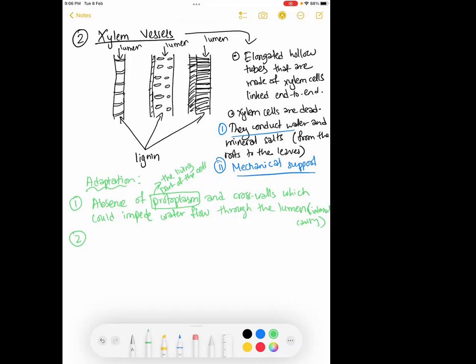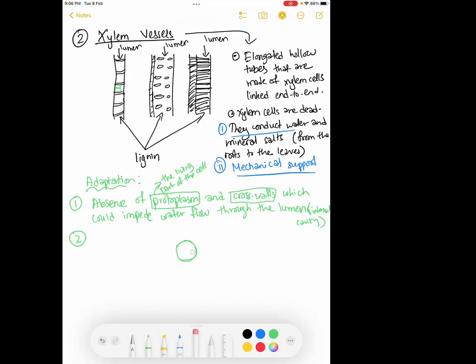Cross walls মানে কি? Cross walls মানে হচ্ছে, for example, this is a cell ধরো, এটার হয়তো বা মাঝখানে আরেকটা সেল আছে, এইখানে যদি লাইনিংটা থাকে, the water will not be able to flow easily. If you look from the top of this stem, ধরো এটা lumenটা.